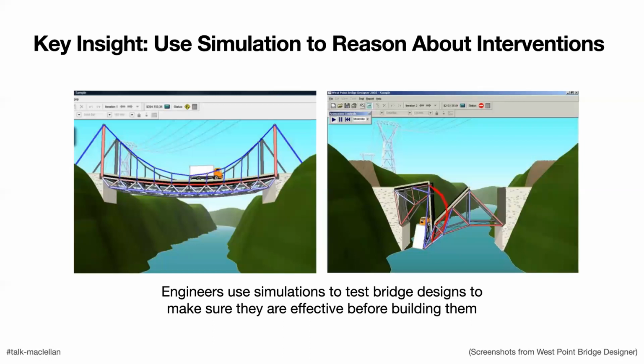To overcome this problem, I look to the way that engineers solve problems like bridge design. In particular, I'm looking at how they use simulation to reason about different interventions before deploying them in the world. So in this case, an engineer might test a bridge design to make sure that it's going to be structurally stable before they actually build it and try driving a truck over it.